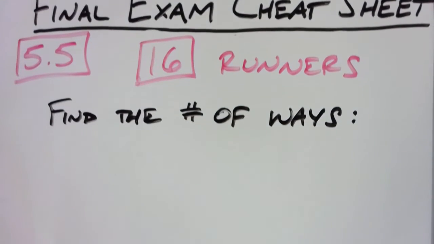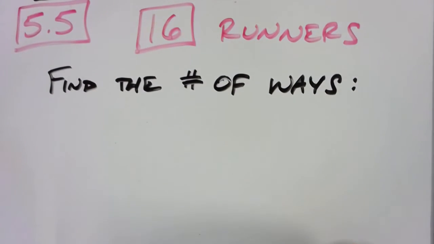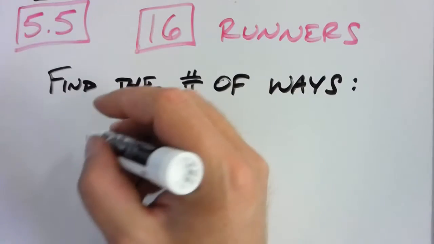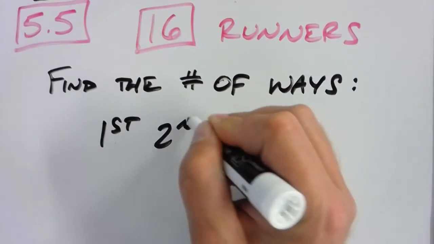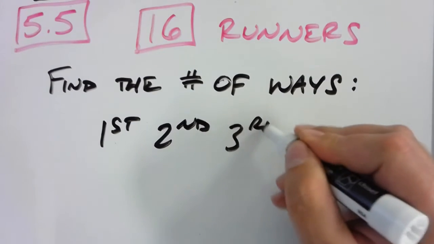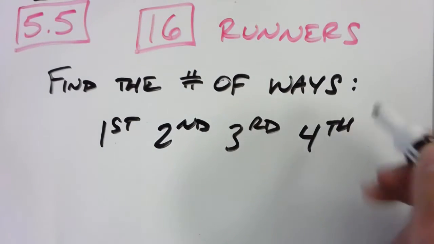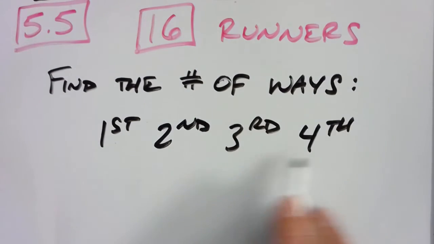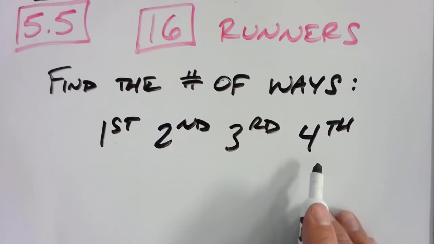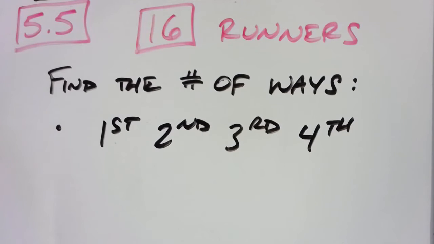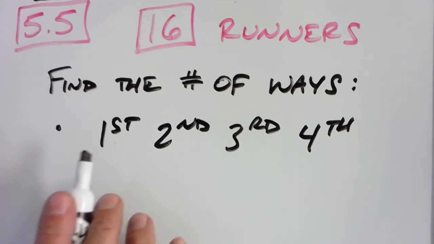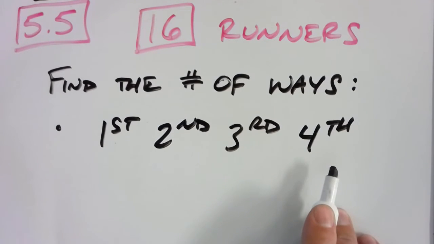And then you're going to get one of the two scenarios. Scenario 1, find the number of ways the racers finish first, second, third, fourth. There may be a different combination of this as well, but basically what's being asked here for scenario number 1 is you're basically looking for the order of the finishers.